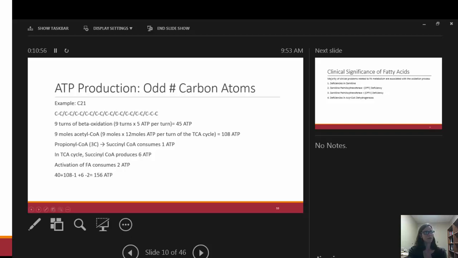And then we're left with our propionyl-CoA. To be converted to succinyl-CoA, it uses 1 ATP. But then succinyl-CoA goes through the TCA cycle and produces 6 ATP. And of course, the activation of fatty acids in the beginning costs 2 ATP. So we would get 156 ATP from the total oxidation of this carbon-21 fatty acid.